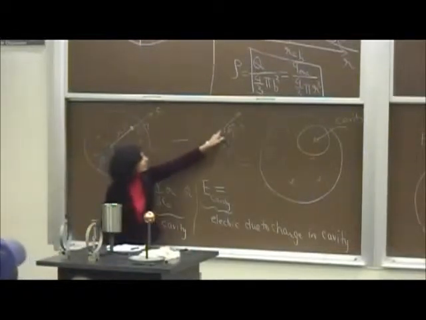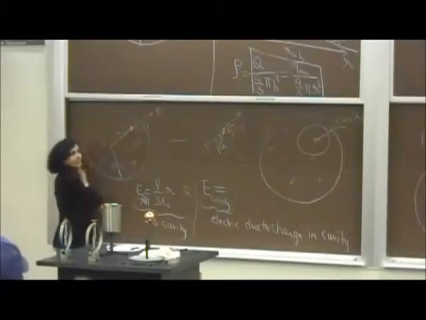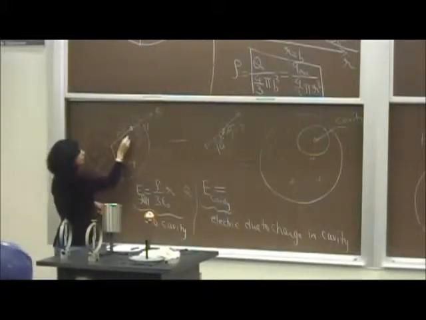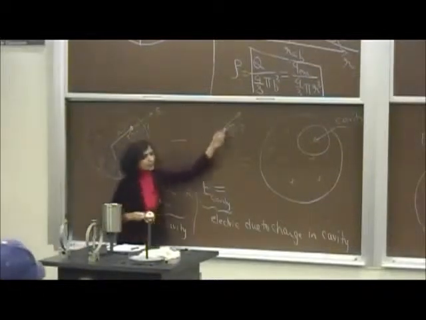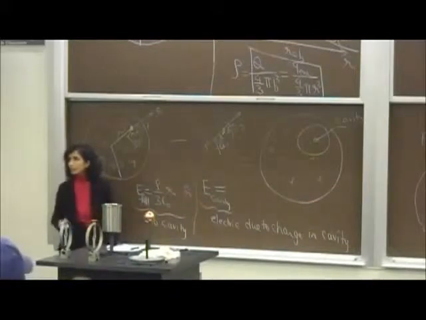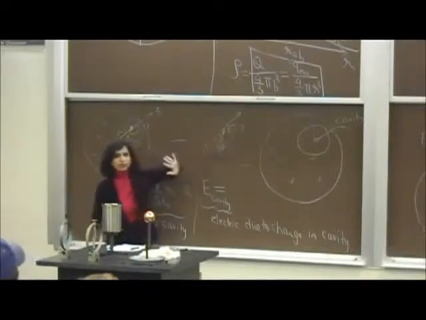I'm saying that same point, if you think from the perspective of the center of this cavity, which has a radius a, this distance is r prime. That's what I wrote. So who wants to tell me what would be the electric field just due to the charge in the cavity?